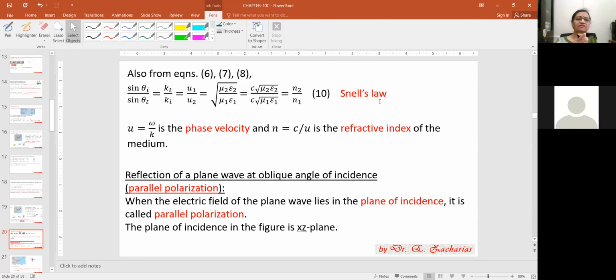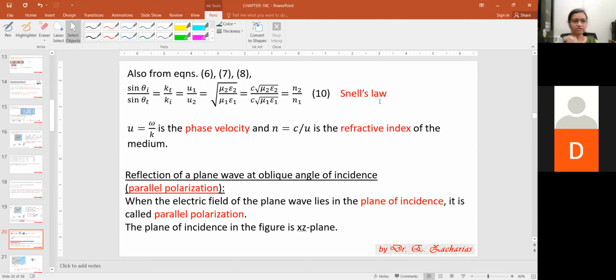We will be talking of two types of polarization: one is called parallel polarization, and the other is perpendicular polarization.